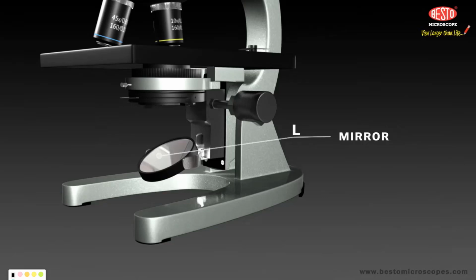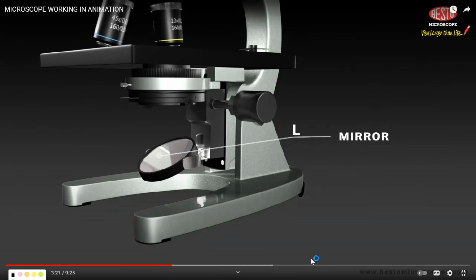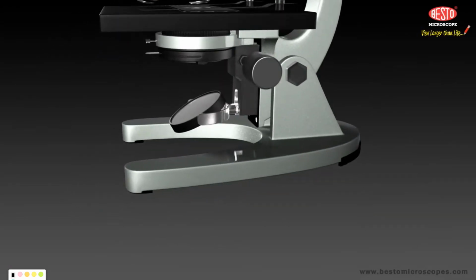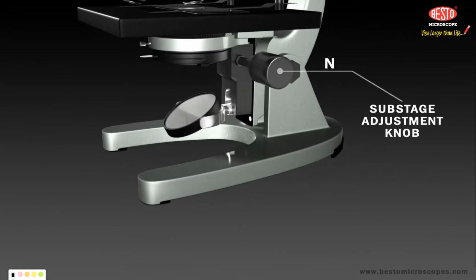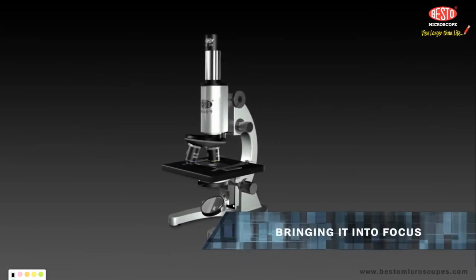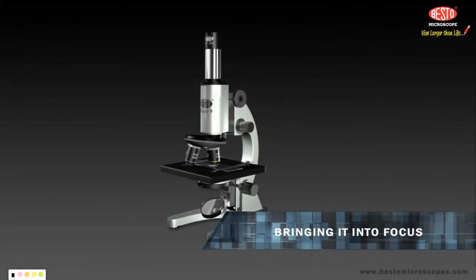Sometimes we use a lamp plugged into an electrical outlet instead of a mirror or reflector. M. The base of the microscope is the heavy bottom part. It supports all the other parts of the microscope. N. The substage adjustment knob is used to move the condenser up and down, bringing it into focus.